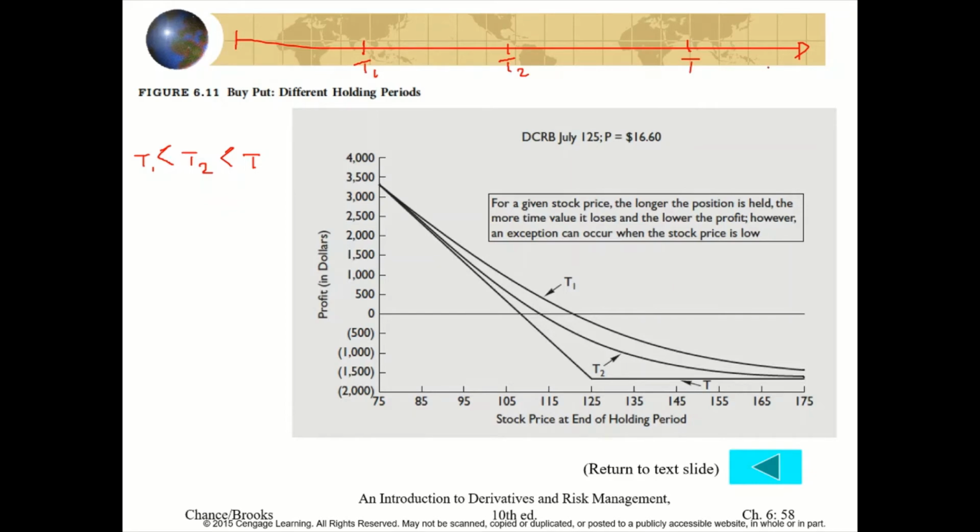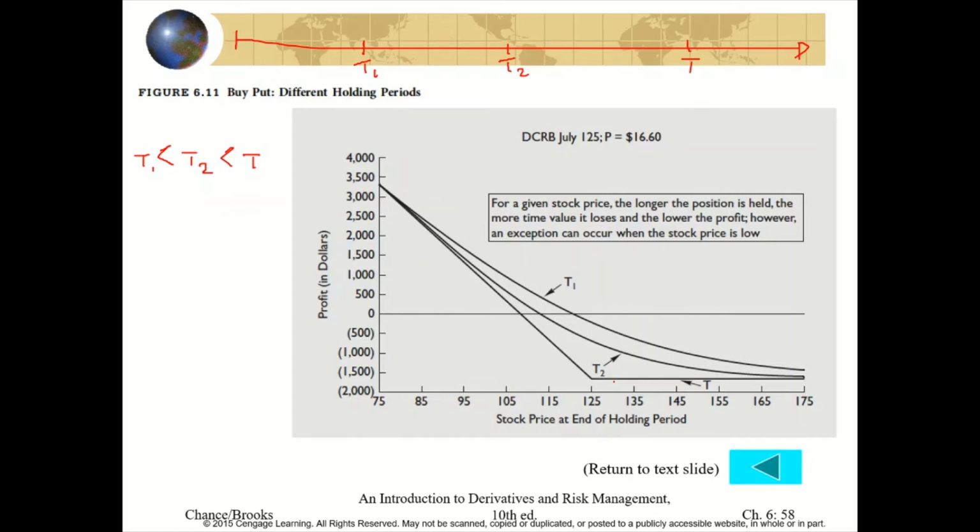As we approach the time to expiration, the time value becomes smaller until we reach the date on which the time value will be equal to 0. So if I waited until the expiration, my profit will be the lowest because I'm not going to be able to retrieve any of the time value that I paid when I entered into the long.